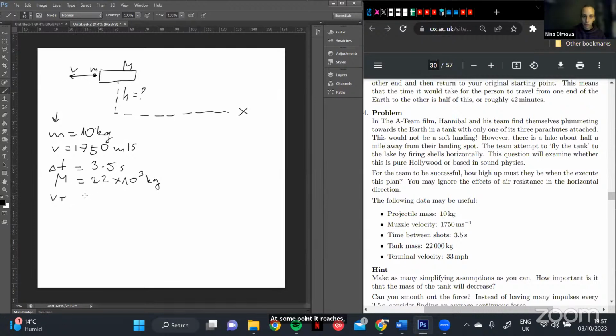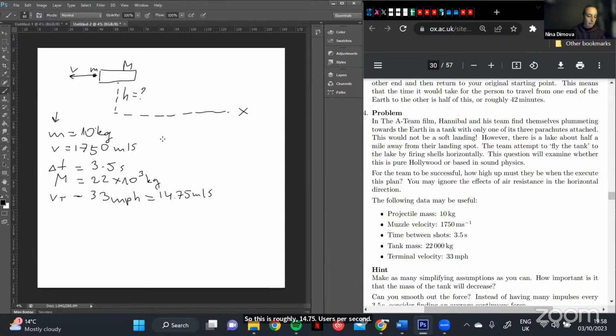Definitely look up terminal velocity if you haven't heard of it. This is 33 miles per hour, and this is a good opportunity to convert to SI units as always. So this is roughly 14.75 meters per second.